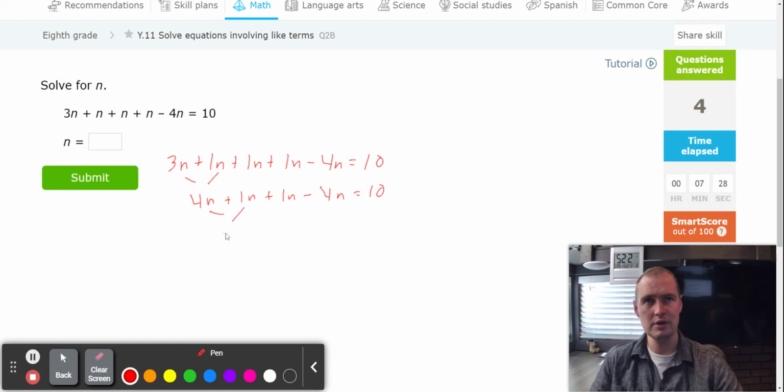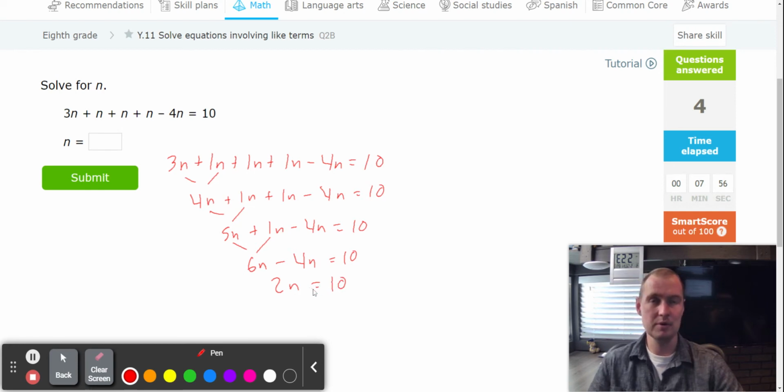So now 4n plus 1n gives us 5n plus 1n minus 4n equals 10. Next two, 5n and 1n could be put together. So 5n plus 1n takes us to 6n minus 4n equals 10. 6n minus 4n leaves us with 2n equals 10.